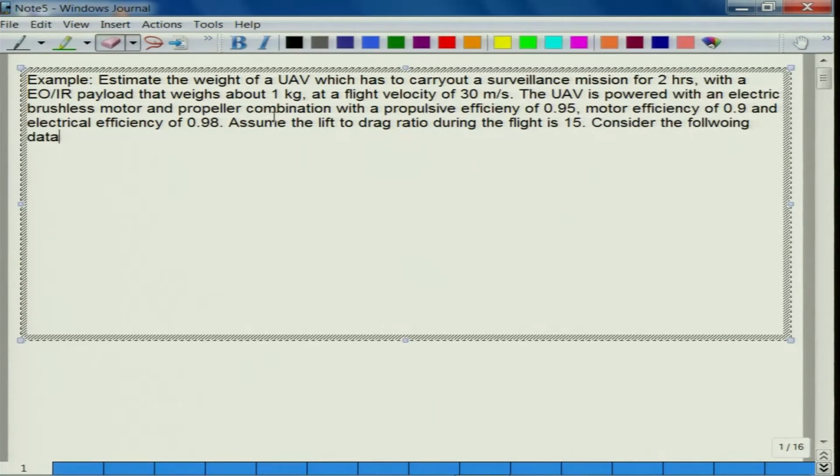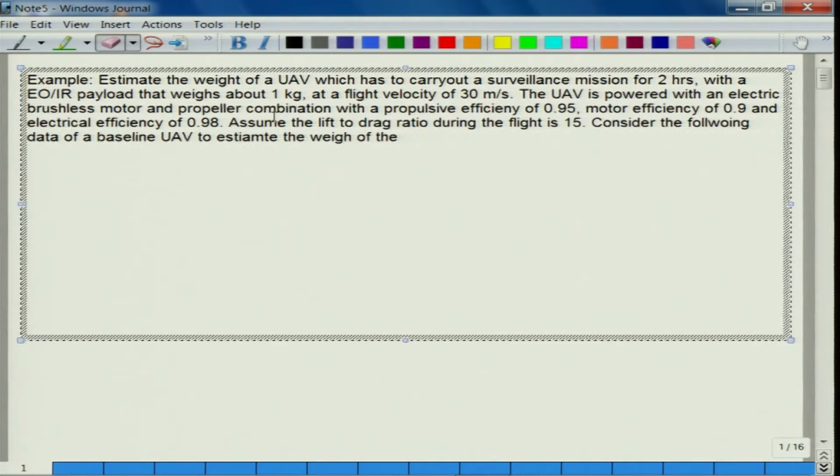So, consider the following data of a baseline UAV to estimate the weight of the current UAV.